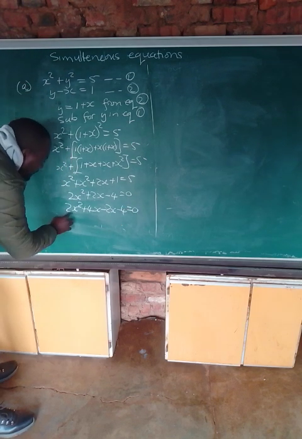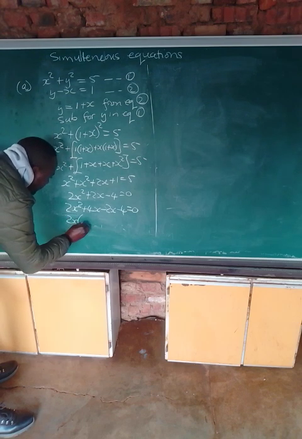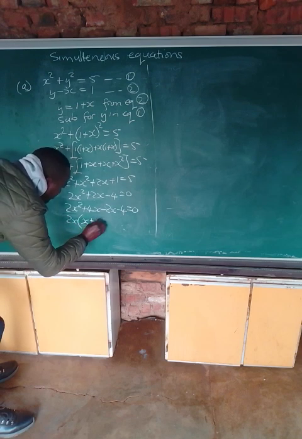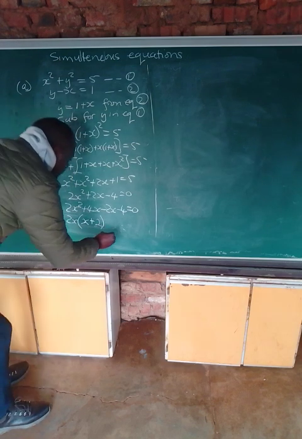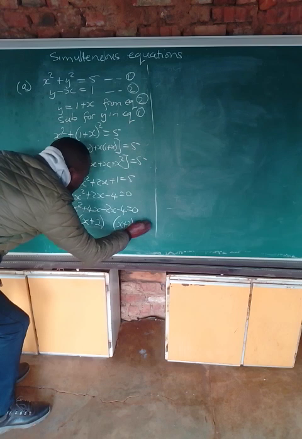So now factoring out 2x here, we are left with x plus 2. Here, obviously, this bracket is x plus 2 is equal to 0.